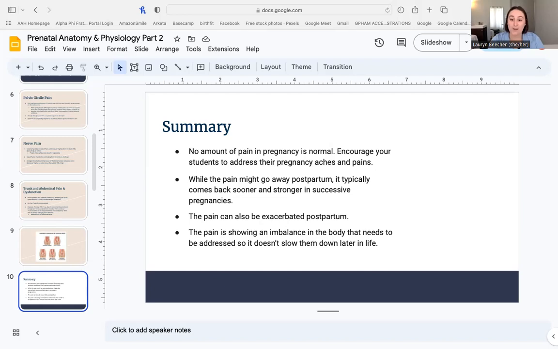It can also pop back up later in life. So pregnancy shows us these weaknesses and imbalances within our body. And if we're able to listen to that and pay attention, can I fix some of these areas of weakness or tightness? We can feel a lot better throughout the course of our life.